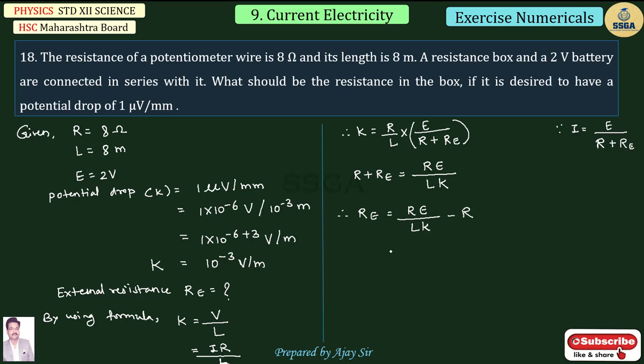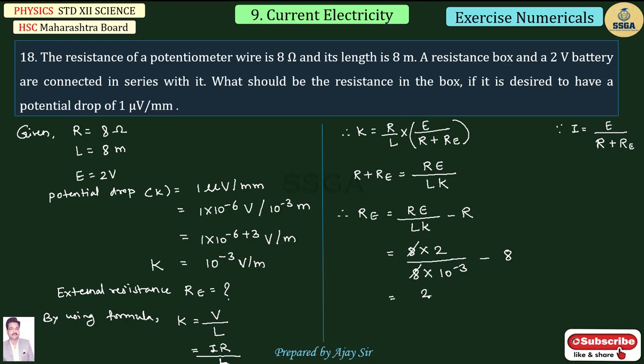So let us put down the values. Capital R is equal to 8, into EMF which is 2, divided by L which is 8, and K which is 10 raised to minus 3, minus R which is 8 again. Now this 8 and this 8 will get cancelled.